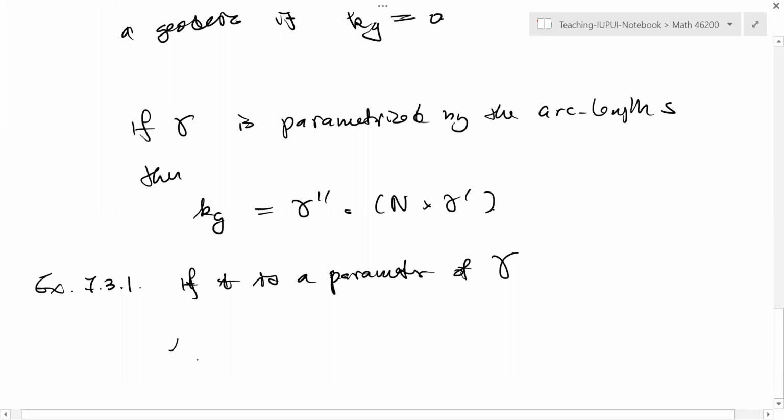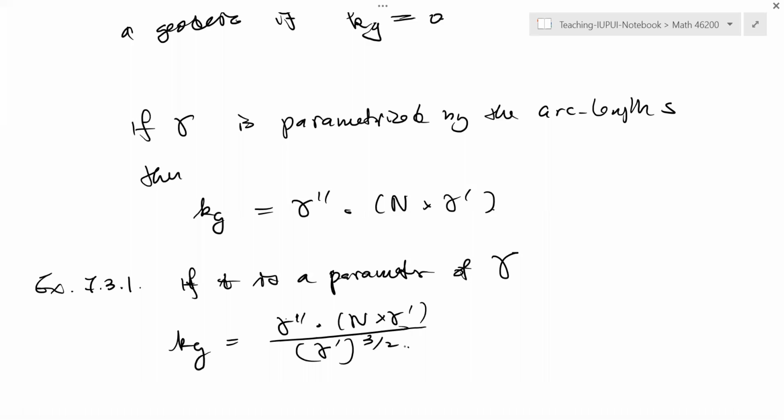Then the geodesic curvature can still have a similar formula, with gamma prime to the power 3/2. So it's not necessarily unit speed. The formula is pretty similar.